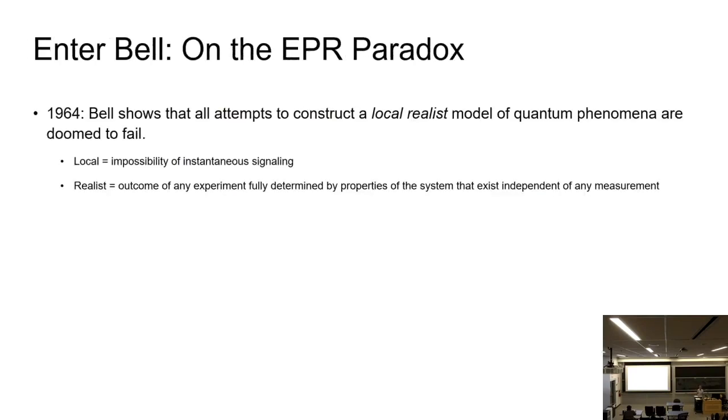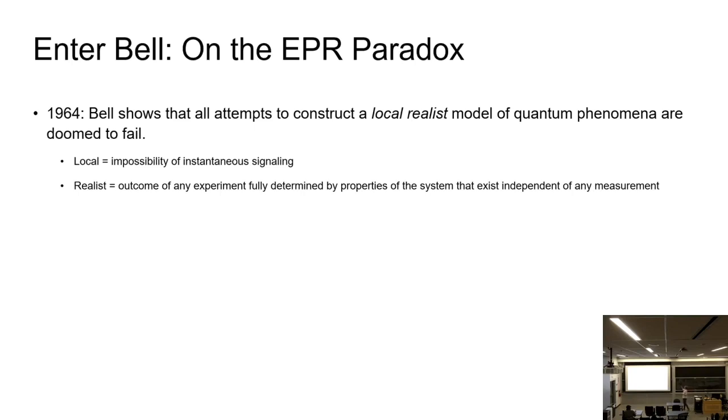So 30 years later, basically, John Bell came in and published a paper called On the Einstein-Podolsky-Rosen Paradox. And he showed mathematically that no so-called hidden variable theory would be able to reproduce all the results of quantum mechanics. He showed that all attempts to construct what he called a local realist model of quantum phenomena are doomed to fail.